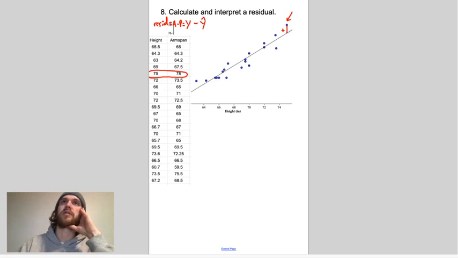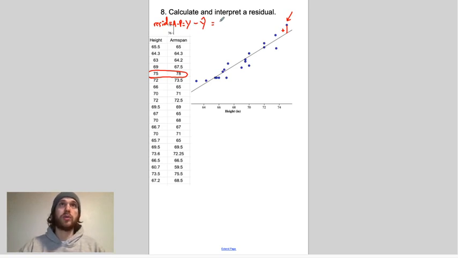So basically, to calculate the residual, first we know the actual arm span for someone that is 75 inches tall. Their arm span, at least for this person, was 78 inches, but we don't know what our model predicts. I do know that our model will predict less. Since I already have the equation in my calculator, I can just type y1 of 75, the height that we're using to predict, and I get a predicted value of 75.973.